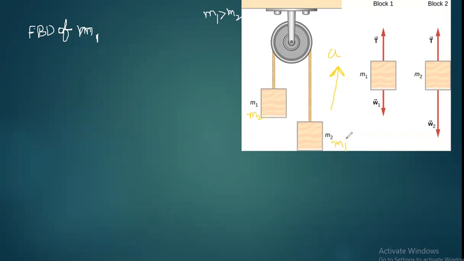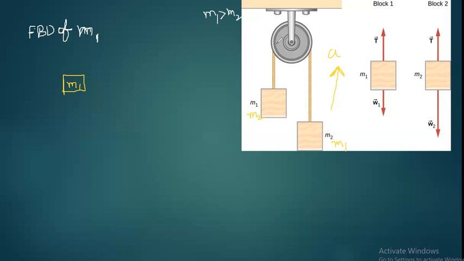Now let us say it is moving upwards. Let us draw the FBD of M1. For this block, there will be a thread or rope through the pulley. We have two blocks, right?